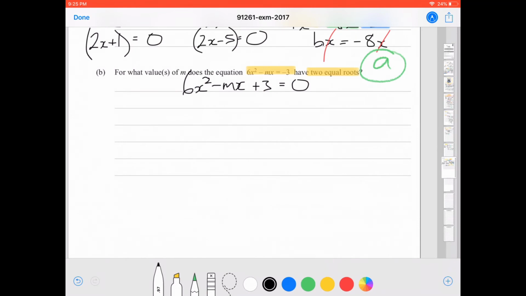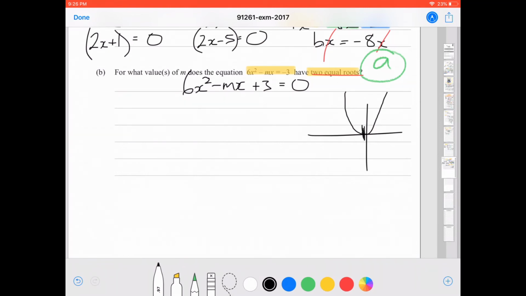And when we see this two equal roots, if we were to draw this, a quadratic with two distinct roots looks like this, right? Roots here and here. Two equal roots, you've got a parabola that touches the x-axis only once. Okay, so there's our solution in there.